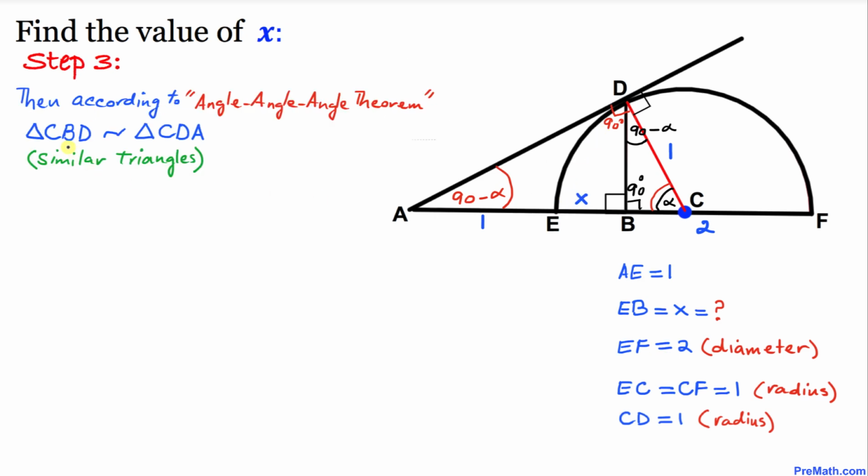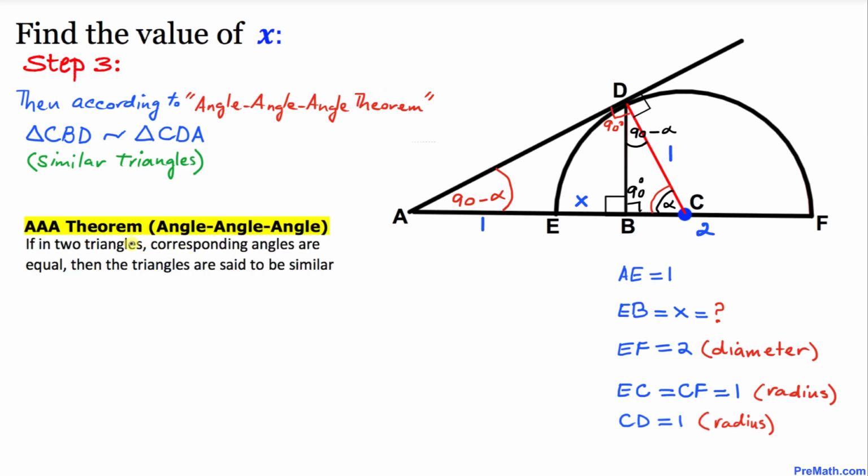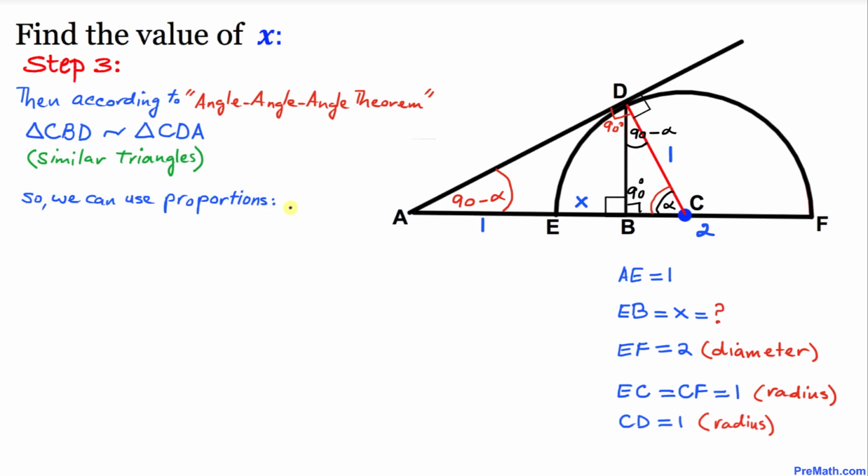So the sum of these angles is indeed 180 degrees. Thus we conclude that triangles CBD and CDA are similar triangles according to the angle theorem. By the way, here's the angle theorem: if in 2 triangles corresponding angles are equal, then the triangles are said to be similar. Now since these 2 triangles are similar, we can use proportions.